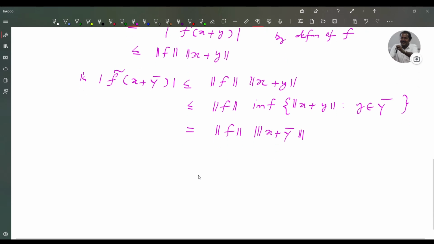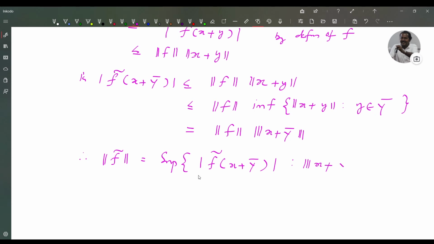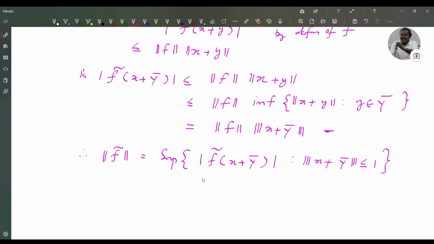Therefore, norm f tilde is equal to the supremum of modulus f tilde of x plus Y closure such that the quotient norm of x plus Y closure is less than or equal to 1. And from this, we have this is less than or equal to norm f into the supremum of the quotient norm of x plus Y closure such that the quotient norm of x plus Y closure is less than or equal to 1.